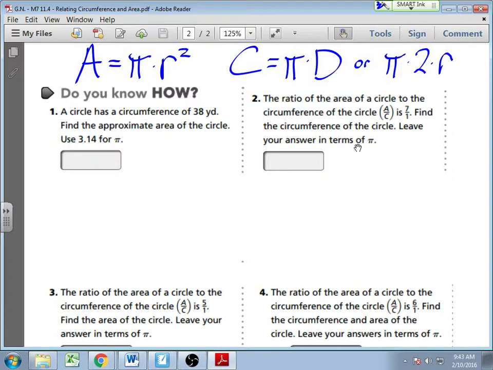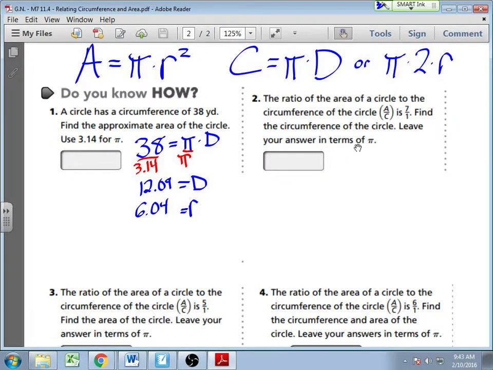Okay, so I did 38, which is the circumference, is equal to pi times d for diameter. And then I did 38 divided by 3.14 on each side, and I got 12.09 for the diameter. Then I divided that by 2 to give me the radius, and I got 6.04.